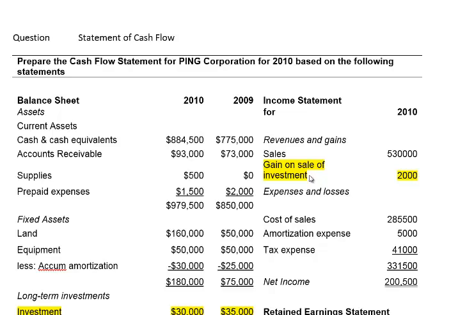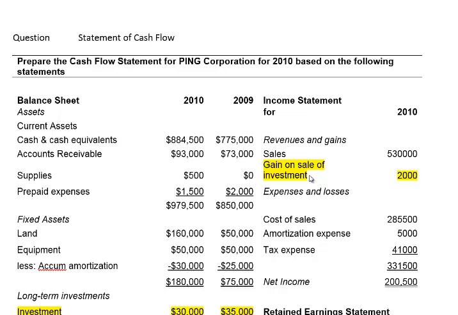So now, the first thing we're going to do is look at cash flow from operating activities. What we've discussed is that we're going to start with net income, and because net income is calculated on the accrual basis, we're going to convert it to the cash basis. So we have to adjust our net income by looking at two areas.